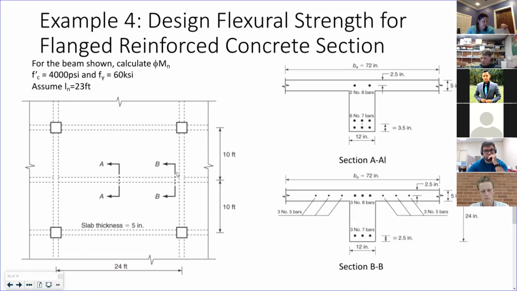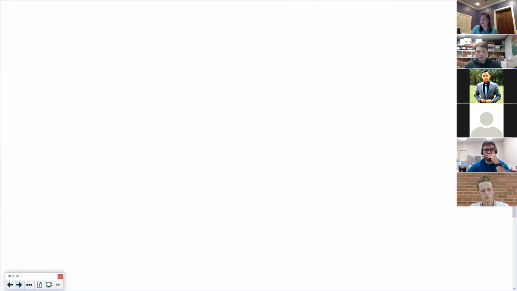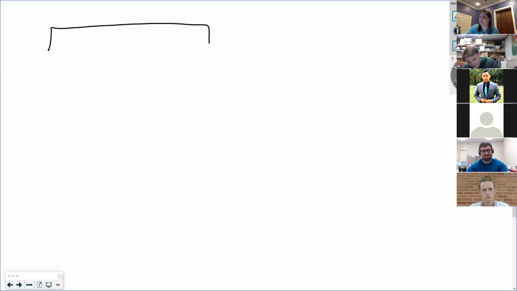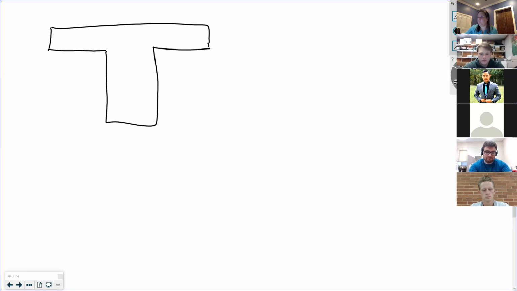So the first thing to do is ignore those numbers, and we're going to calculate our effective flange width that we get to take from the slab.